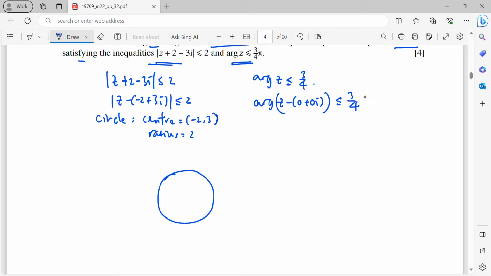So I know that here is negative 2, 3. Then radius is 2 means that here is 2. Then here is going to be 0. But since this is minus 3, here is going to be 3. Now I will add on the axis.